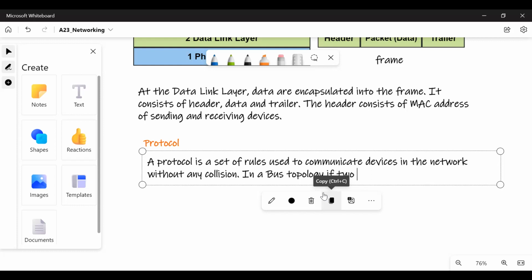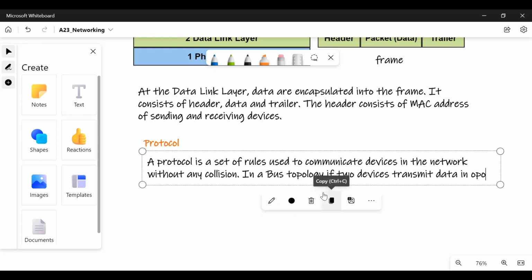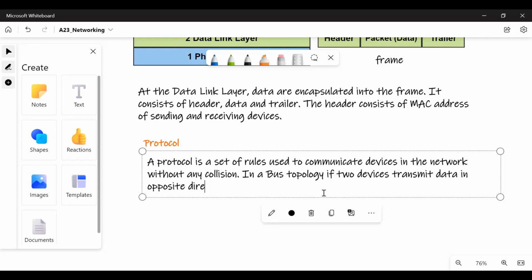If two devices transmit data in opposite directions, now what happens? The data gets destroyed due to collision.